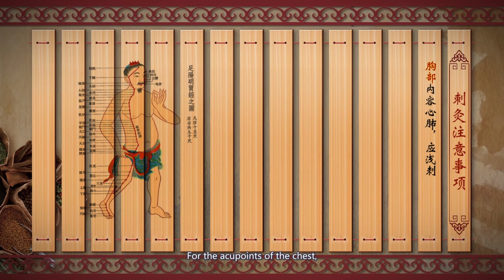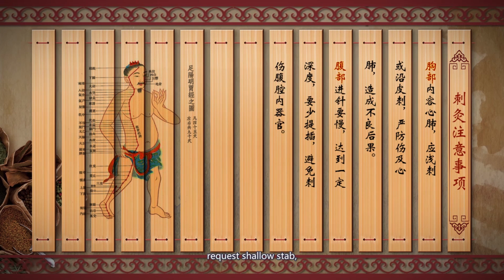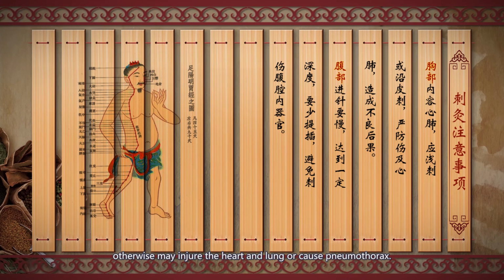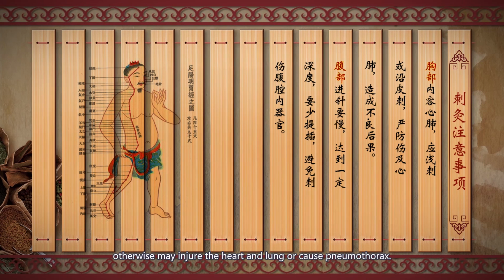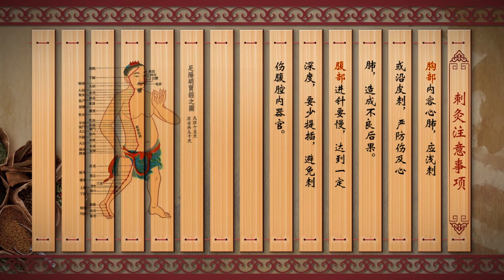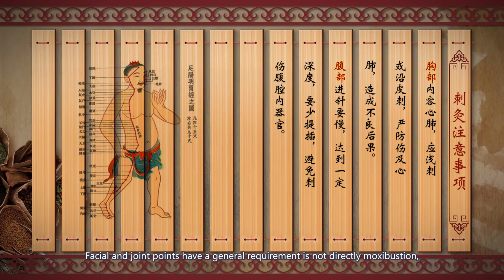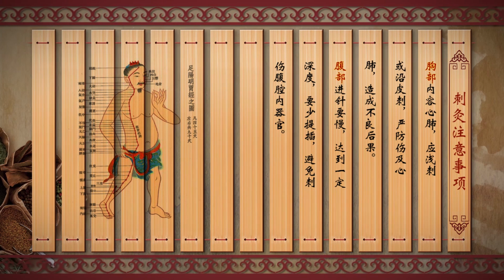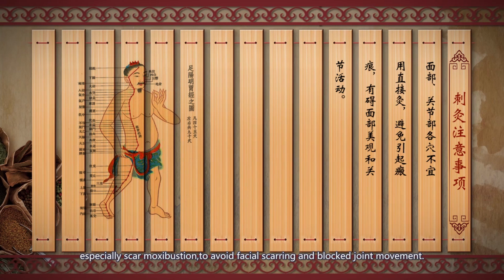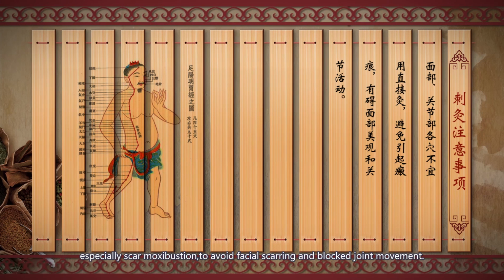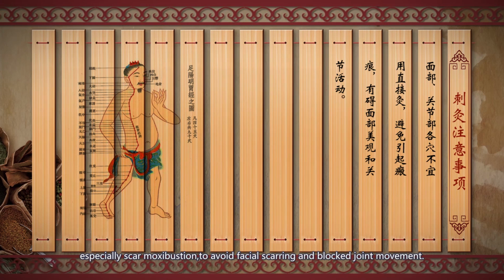For the acupoints of the chest, oblique or horizontal needling is required, otherwise it may injure the heart and lung or cause pneumothorax. For facial and joint points, the general requirement is no direct moxibustion, especially scar moxibustion, to avoid facial scarring and blocking joint movement.